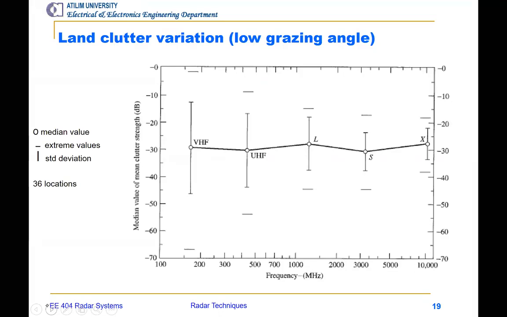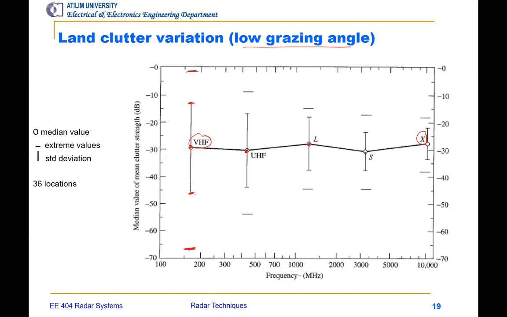Here is again a measured land clutter variation, again for low grazing angle from VHF to X-band, and we got the mean values at the center you see here, and the standard deviations here, and the extreme values just appear here.